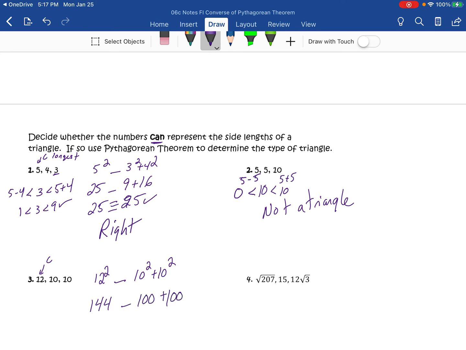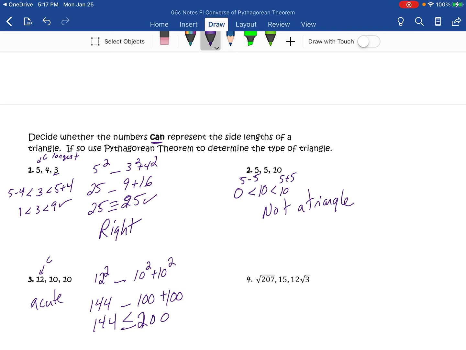This is 100 plus 100. 144 is equal to 200? Well, 144 is less than, so this would have to be acute.